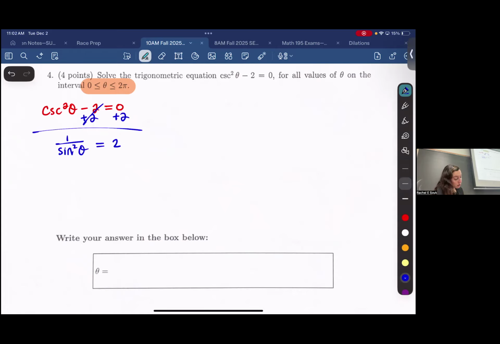Let's cross multiply. So we have 2 sine squared theta is equal to 1. And then let's bring the 2 back over. So we're just looking at sine squared theta is equal to 1/2. But now we want to take the square root.